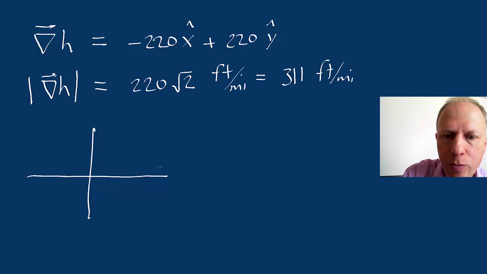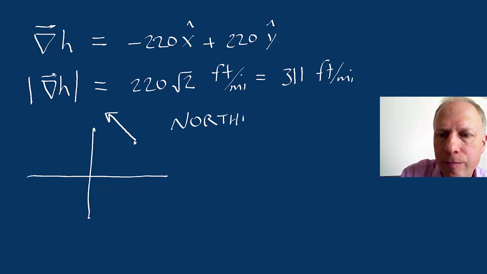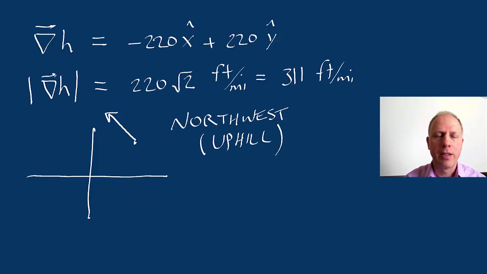So you're at the point 1, 1, and the gradient is minus 220, 220, which points in the northwest direction. Northwest would be the uphill direction, and the slope would be 311 feet of rise per mile of horizontal travel.